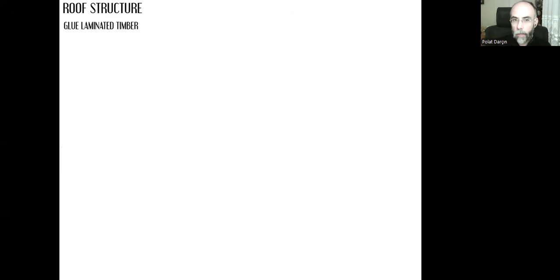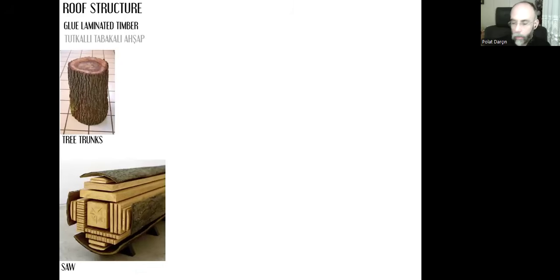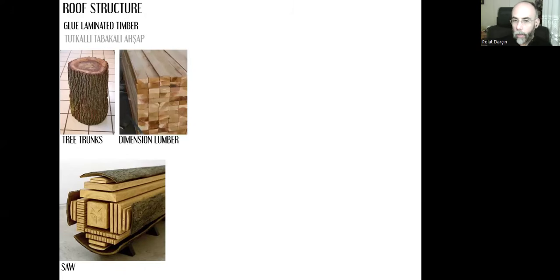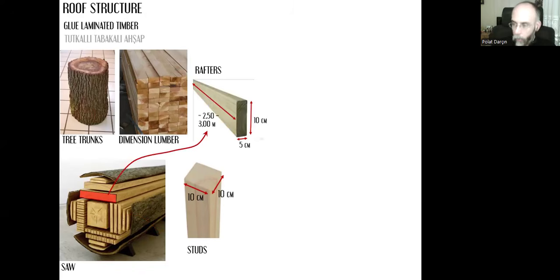Let's take a look at the glue laminated timber, tutkallı tabakalı ahşap. Here we see our tree trunk and we can saw it into smaller pieces, like this, which we call a dimension lumber, kereste in Turkish. That middle part can be used as a single solid timber stud, maybe, and that piece can be used as a rafter or a purlin.